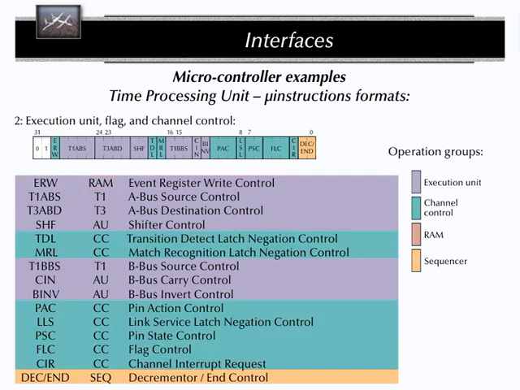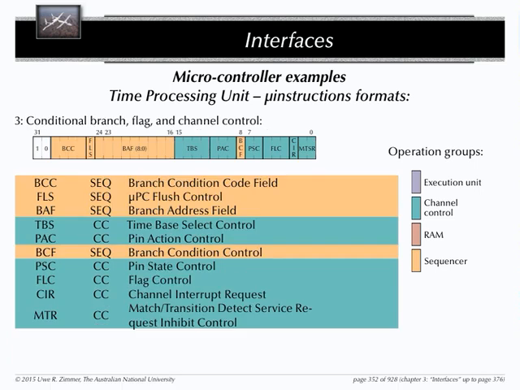Next instruction is a combination of, again, execution units, a bit of channel control. Ultimately, you want to have interaction with the outside world. Finally, we get to a bit more computer science instructions. Here you have branch control and conditional branch possibilities.